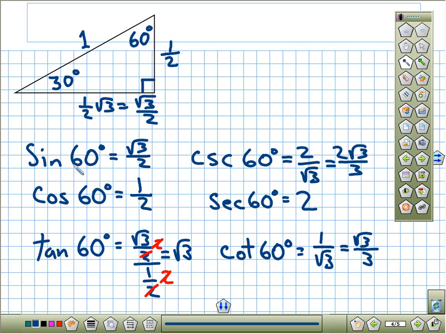I mean, it's square root of 3 over 2. That's something you're going to need to know. And it's going to be helpful when we look at the unit circle if you know what that is. We'll explore this again, but these are called special triangle function values. Okay. Any questions?